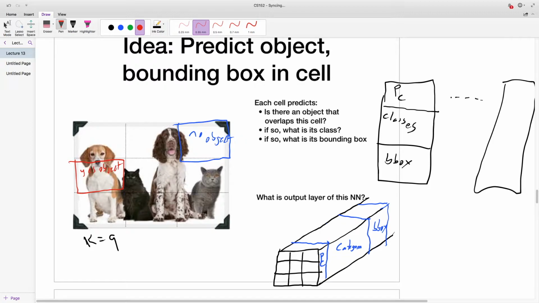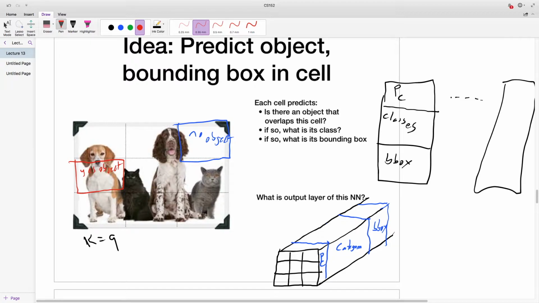And so's this one, and so's this one, and this one, both are probably responsible for the dog. This one thinks I overlap the dog a lot, I need to predict the dog, so does this one. This one, probably not. This one, it's either going for cat or for dog, I'm not sure which. We're going to have to figure that out. It can't do both. This one, we're going to have to figure that out too. This one might be responsible for the cat, and this one responsible for the cat.